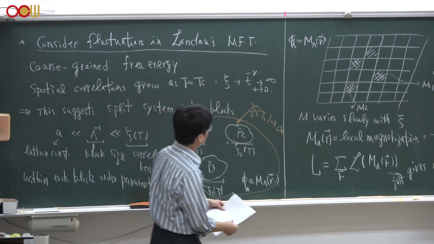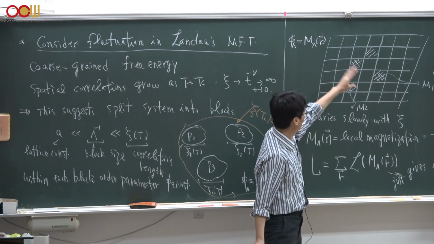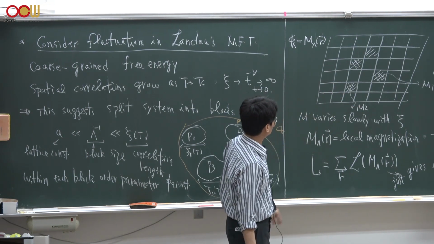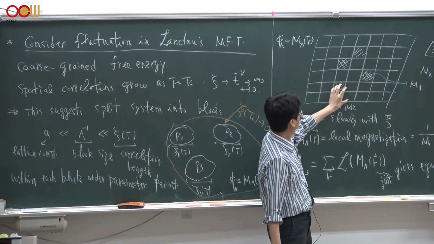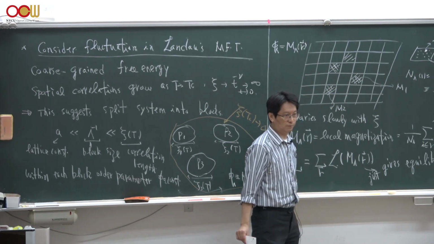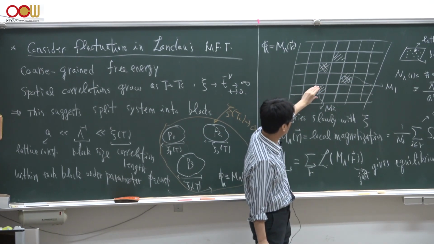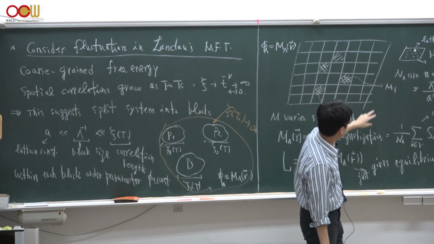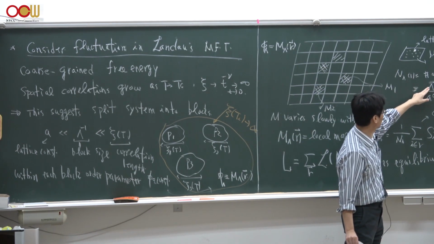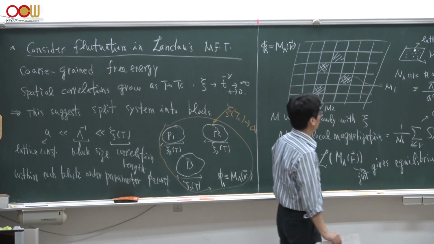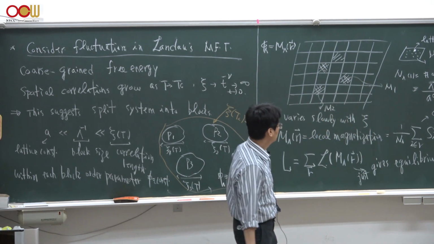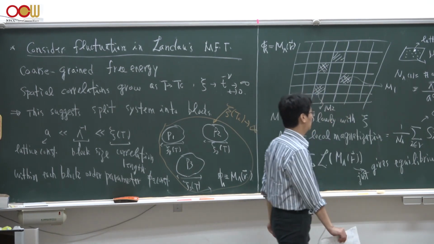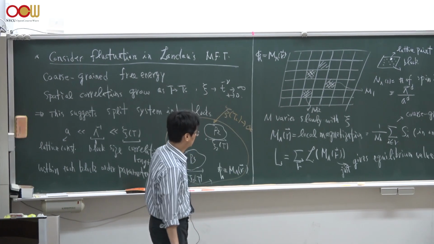We simply consider that the whole lattice consists of a bunch of patches or clusters, and each cluster has a number of spins, given by the ratio between lambda to the minus d power and the volume of the little lattice spacing.